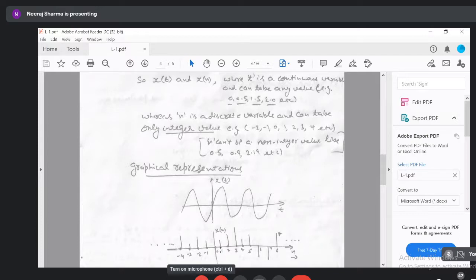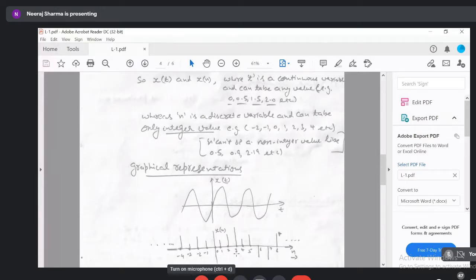Because 0 is a defined value. So between 0 and 1, that is when n is in between 0 and 1, you cannot tell anything about the magnitude of the signal, and we can say that the signal is not defined between 0 and 1. Similarly, the signal is not defined between 1 and 2. Between 2 and 3, again, it is not defined.